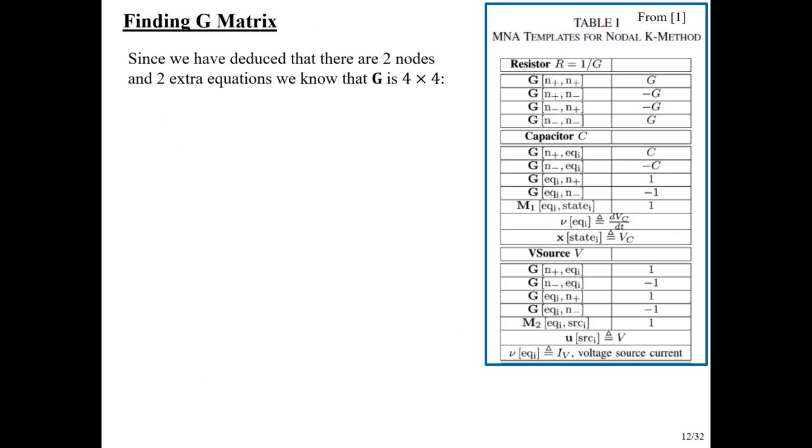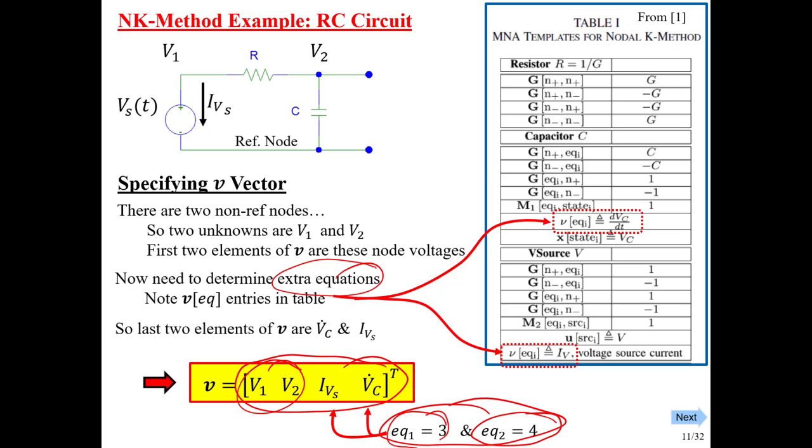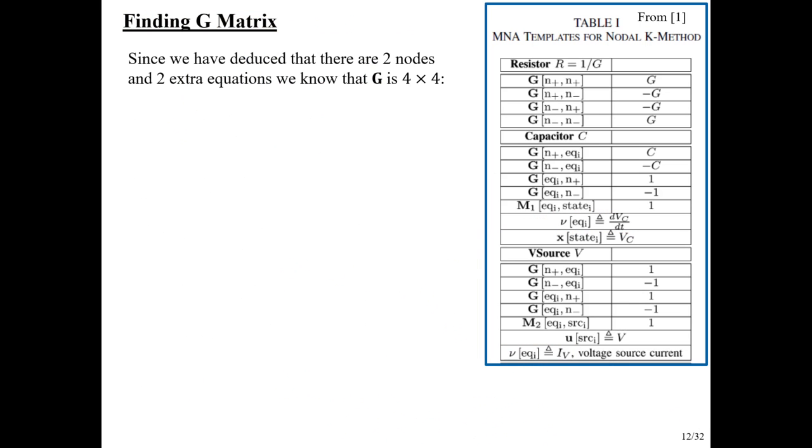Now we need to find our G matrix. So we've already figured out there's two nodes and there's going to be two extra equations, right? We said extra equations, EQ1 and EQ2. So since V has 4 elements in it, from two nodes and two extra equations, we know that G has to be 4 by 4.